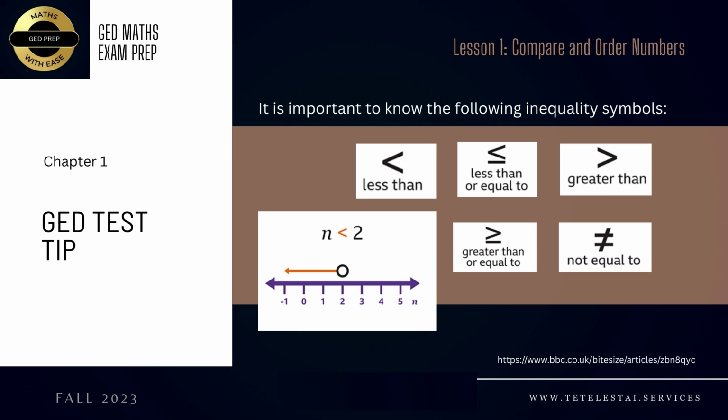But it's good for you to know that if you see a symbol that looks like the tip of the arrow is pointing to the right with a line underneath it, conceptually it means greater than or equal to. Okay.